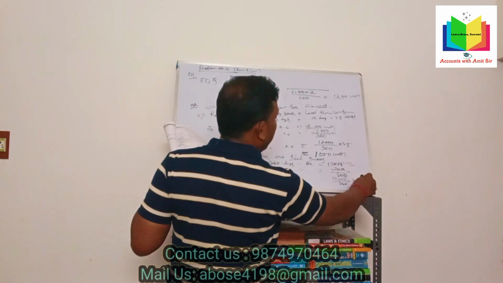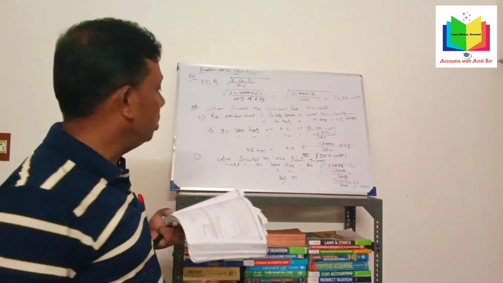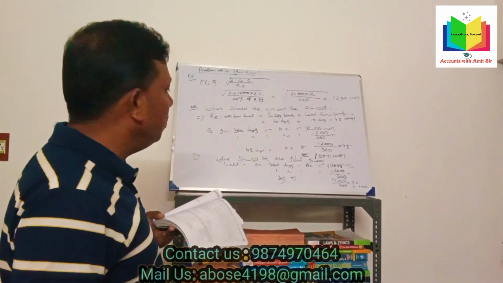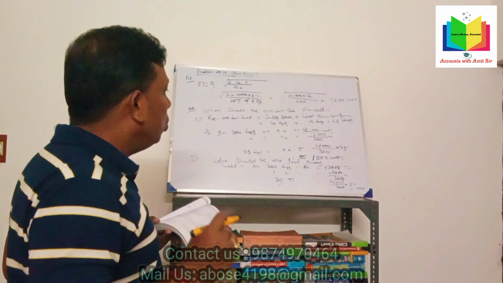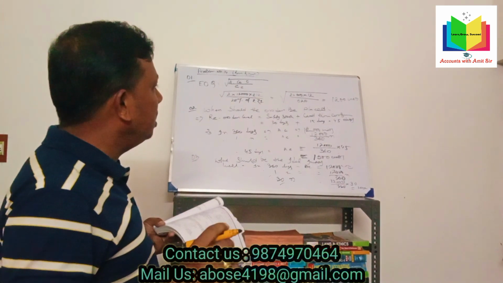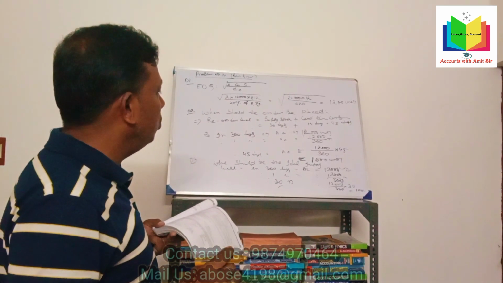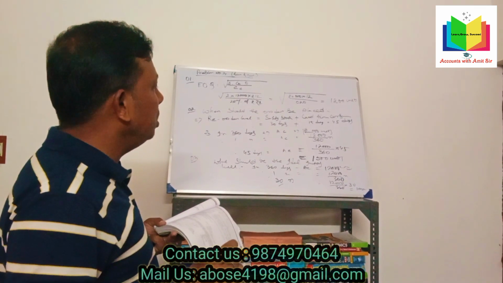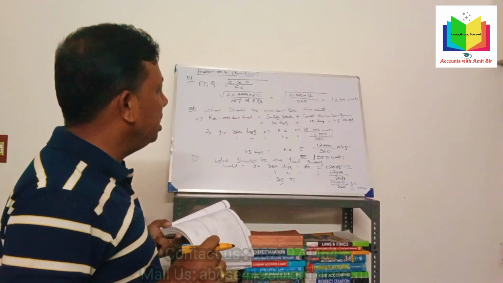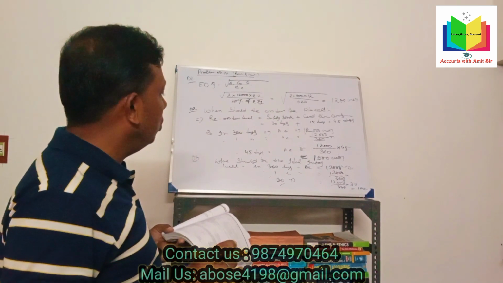The answer will come to 1000 units. Here we only take the safety stock, that is 30 days, and 12,000 divided by 360 into 30 is 1000 units.